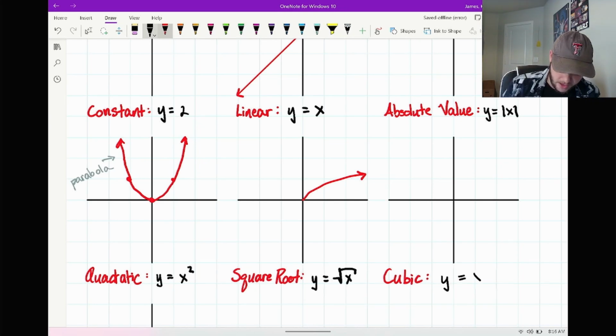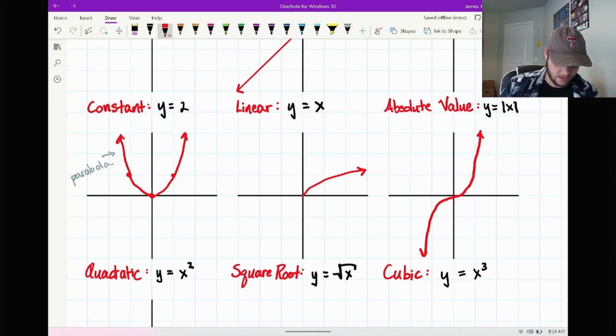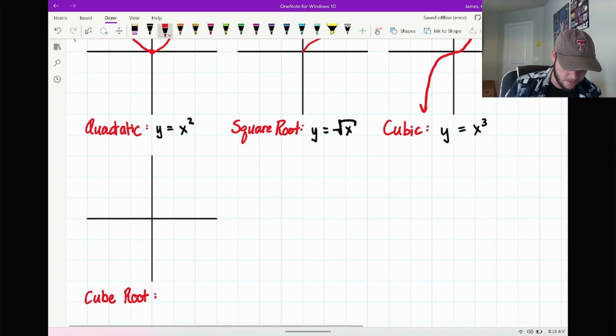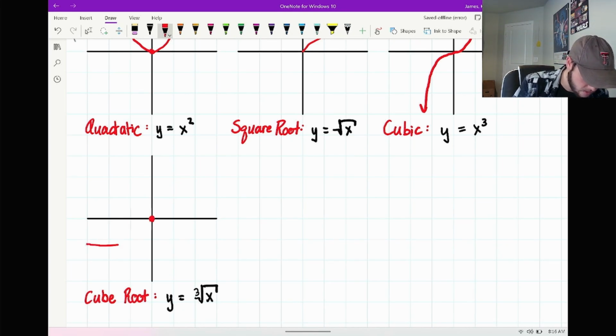The graph of y equals x cubed almost matches the parabola on the right side, but then it gets bent around on the other side, and it looks like that. Similarly, for a cube root function, y equals the cube root of x being the simplest one to graph, I get something that looks like this.